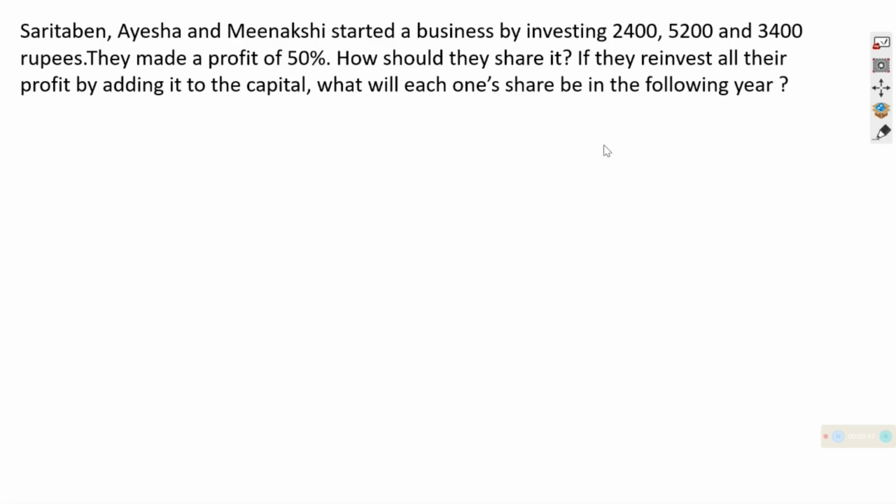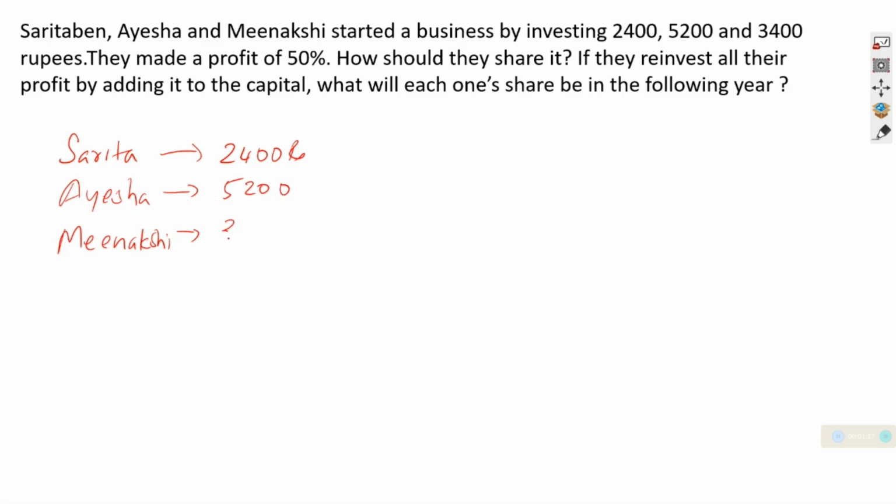Okay, there are three women, let us consider them as women. Who are they? Sarita Ben, I write Sarita, then Ayesha and Meenakshi. What they did? They have started a business. Good. 2,400 rupees, then 5,200 rupees.